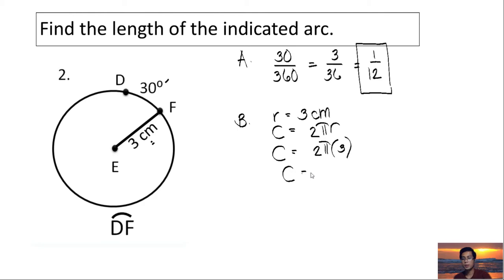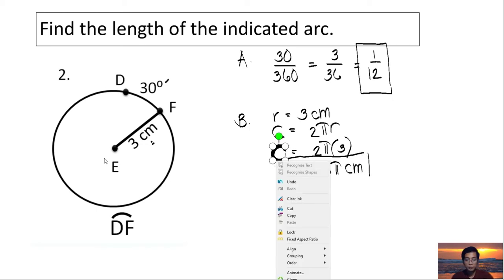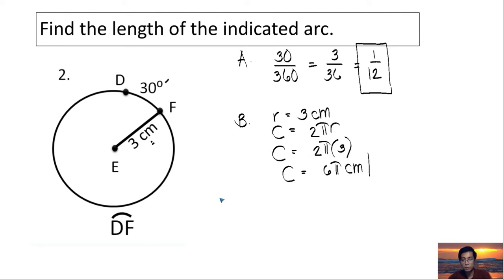So, ang circumference natin is 6 pi centimeters. Ito na yung circumference ng ating circle.